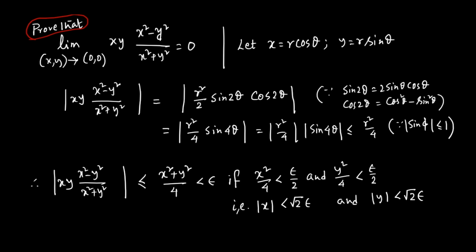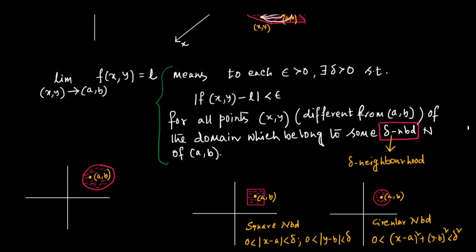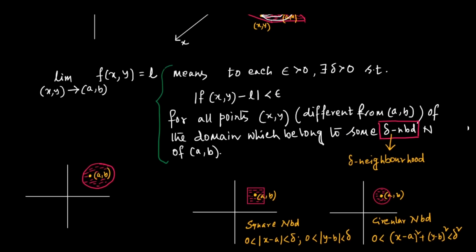Now, can you tell me what we have to show actually? If we have to prove that the value of this limit is equal to 0, what do we have to show? Let us go back to the definition once again. The definition says that to each epsilon there exists a delta.